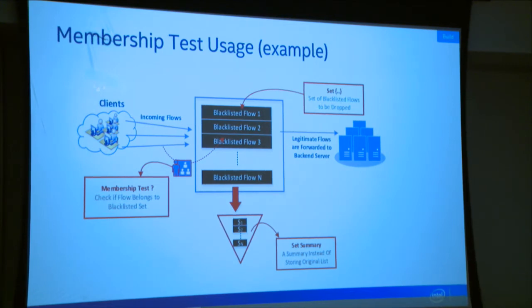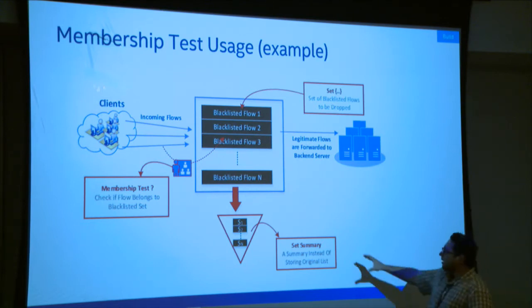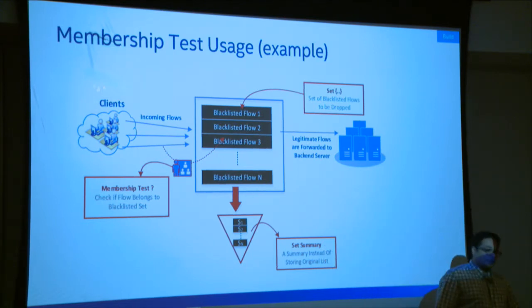But that's the idea of the library: creating this data structure called SetSummary that provides answers for membership tests. Anybody who is familiar with a Bloom filter will get this idea very quickly. So this basically is some kind of a Bloom filter.